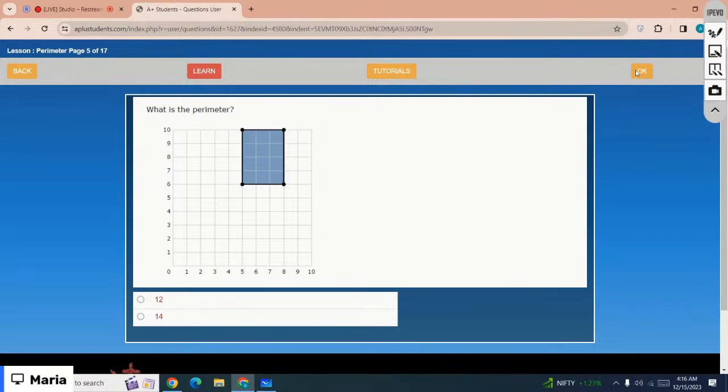Which is the correct option? Yes, it is 14. The correct option is 14.